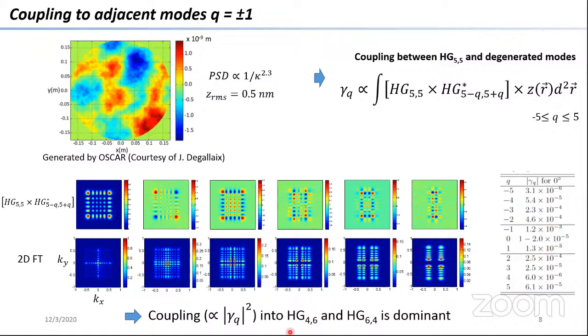So it means HG46 and HG64. This is the dominant coupling. In the following, we are only interested in the coupling to these adjacent modes.